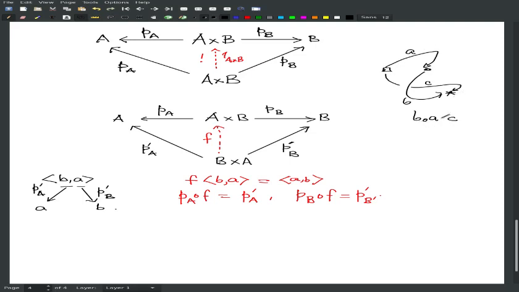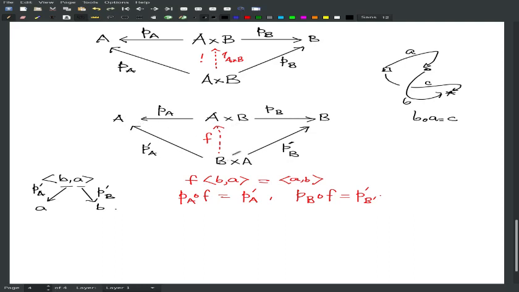Commutativity means that when I say this diagram commutes, it simply means this. It doesn't matter how I draw those arrows. The fact that it is pointing this way and this one is going anti-clockwise or whatever doesn't matter, because from this node to this node there are two paths.